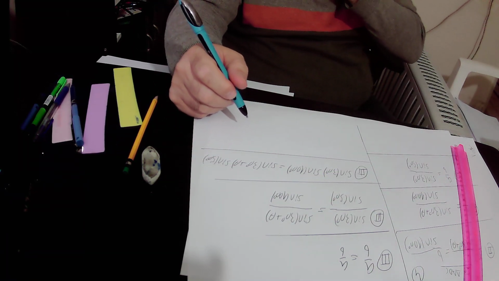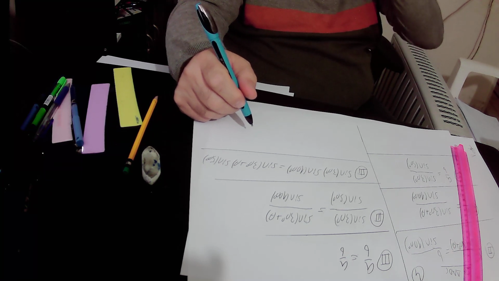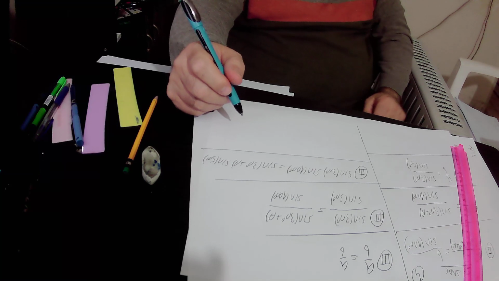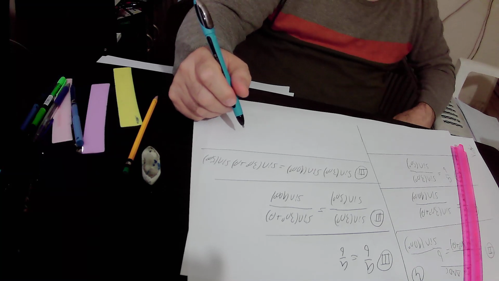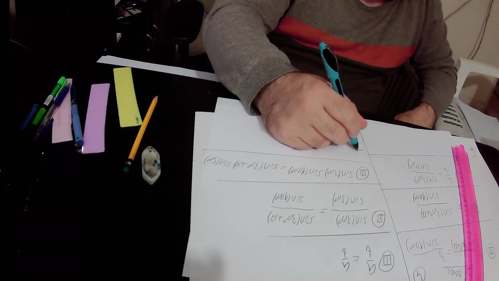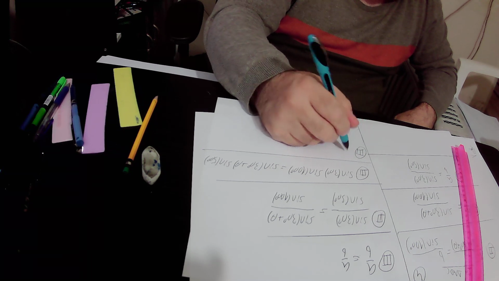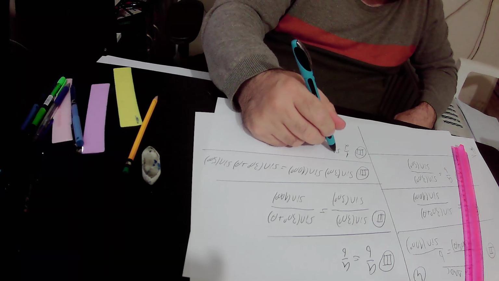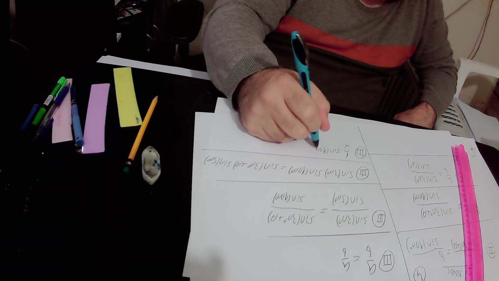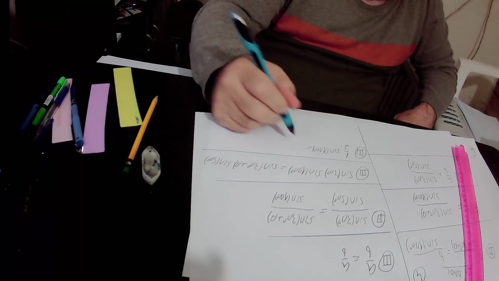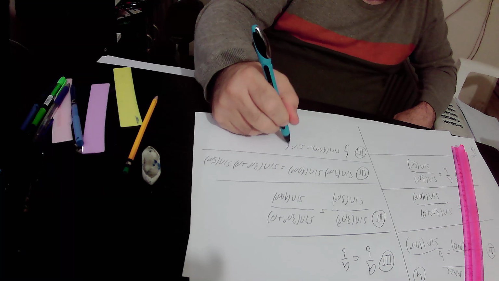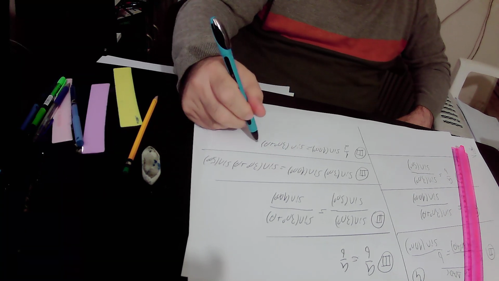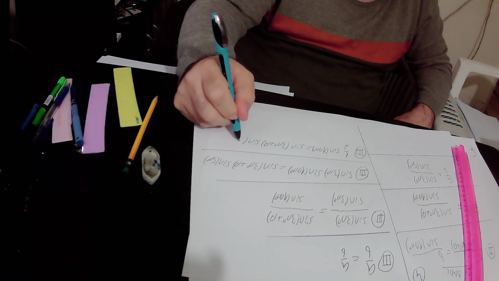Here, sine 30 degrees is 1 over 2. So I'll write it down: 1 over 2 times sine 100 degrees equals sine 30 degrees plus theta times sine 50 degrees.